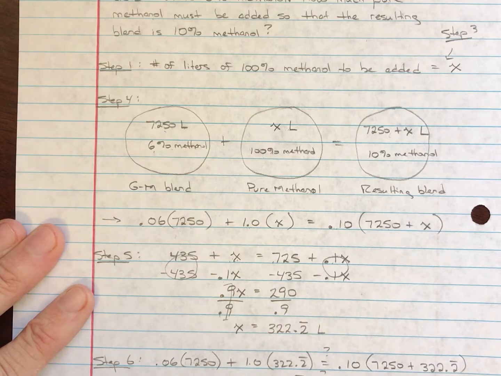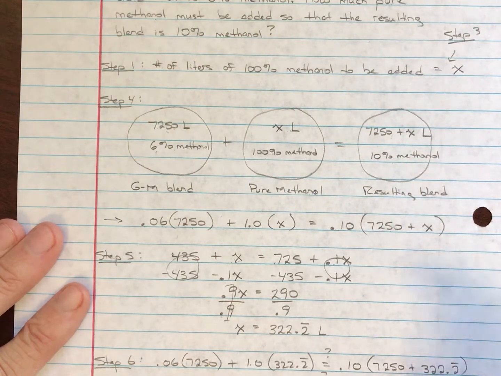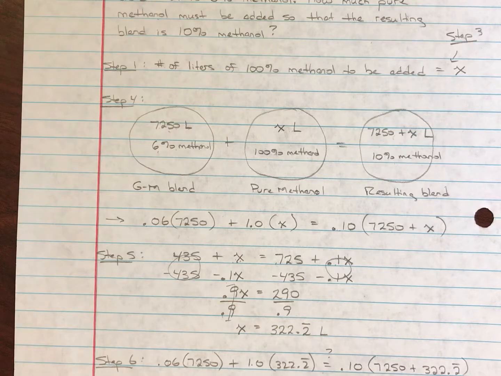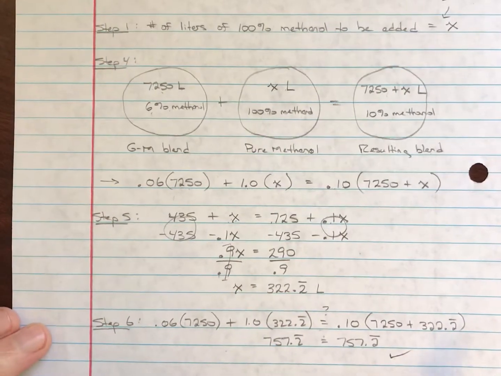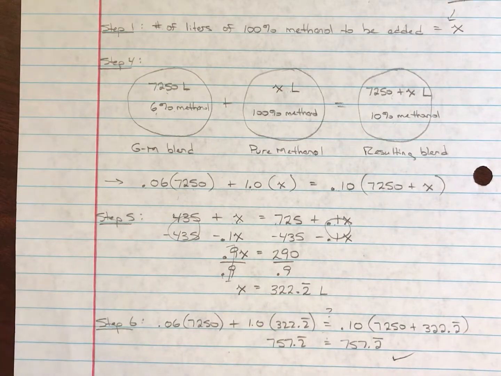So we got 0.10 times the sum, 7250 plus 322.222. Sure enough, 757.2 repeating. Yep, we got it. It is equal. So there's an example of a mixture problem, and how to solve those.